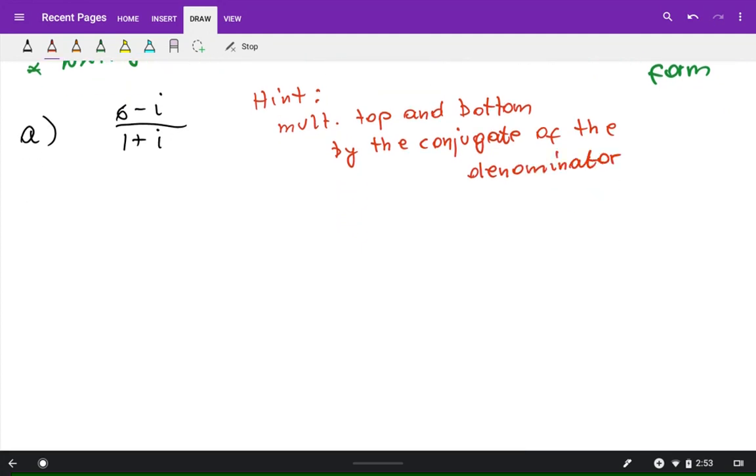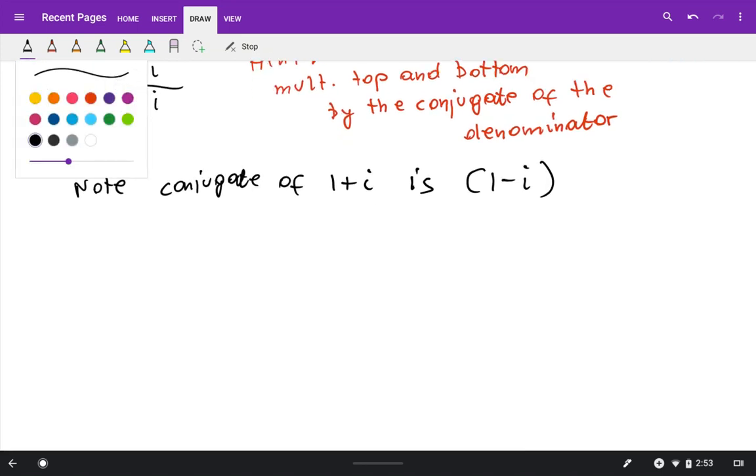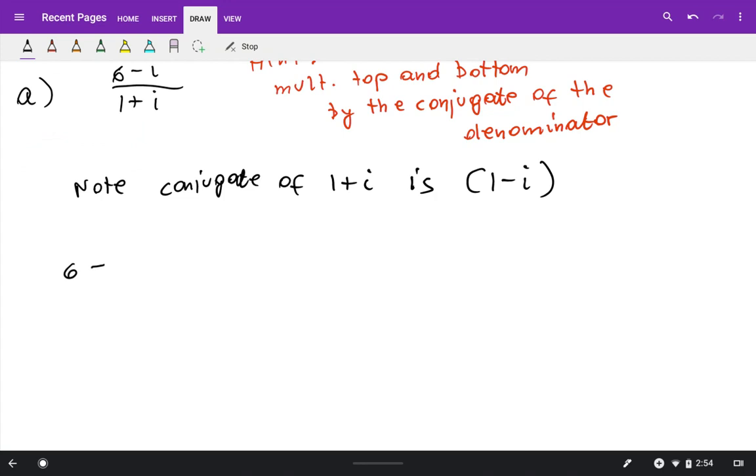The conjugate of 1 plus i is 1 minus i. So we take our original quotient, which is 6 minus i over 1 plus i, and we multiply top and bottom by the conjugate of the denominator, which is 1 minus i.